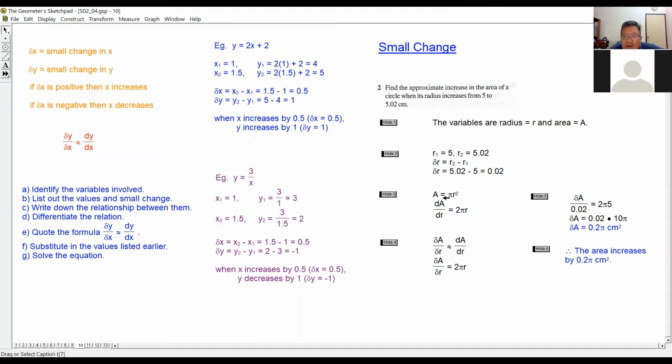Take 5, put inside the pi r square here, find one answer. Take 5.02, put inside here, find the A. Then take A2 minus A1, see whether you get this answer or not.